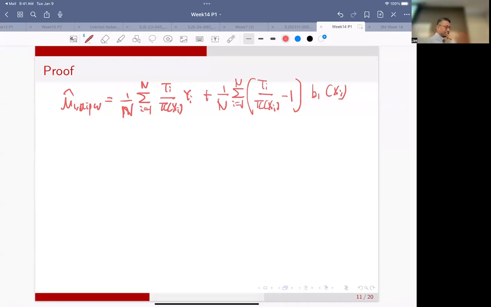And then we want to take the expectation conditional on Fn. What do you mean by Fn? Just xi, yi1, yi0.